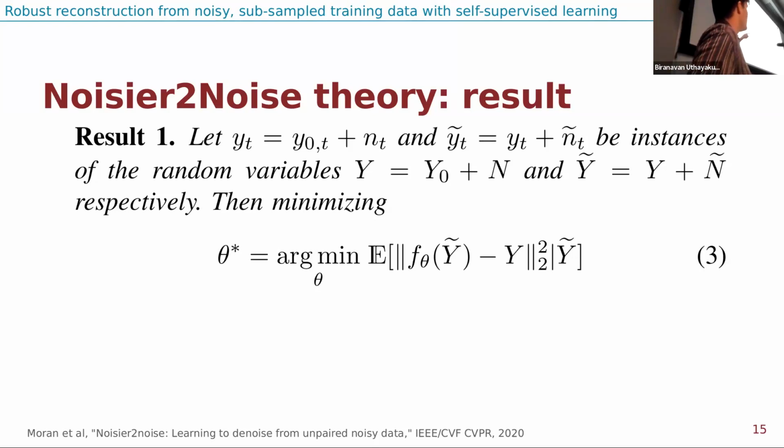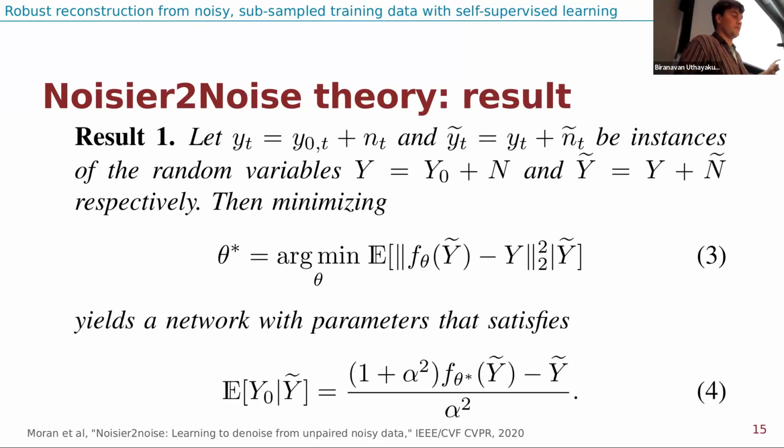So if we minimize this loss, then it's straightforward to show that a network f with parameters theta star satisfies the following expression: the expectation of y naught given the noisier image y tilde is equal to something that depends on the output of the network, alpha, which was how we scaled the noise when we introduced further noise, and y tilde, the noisier image.